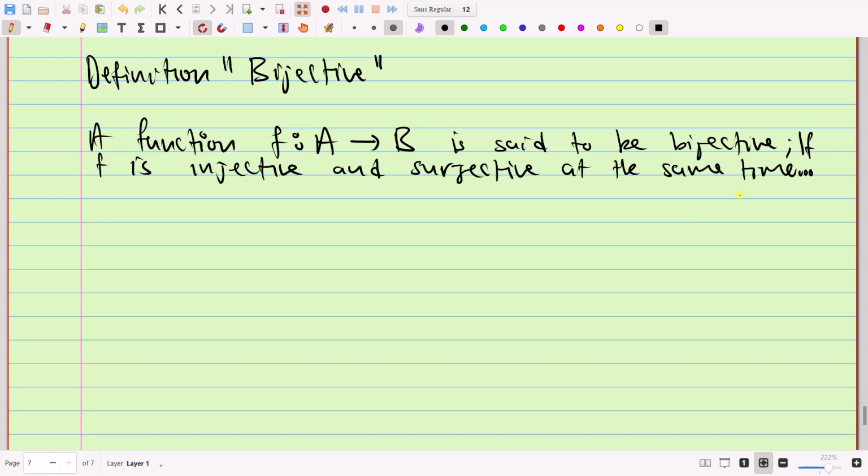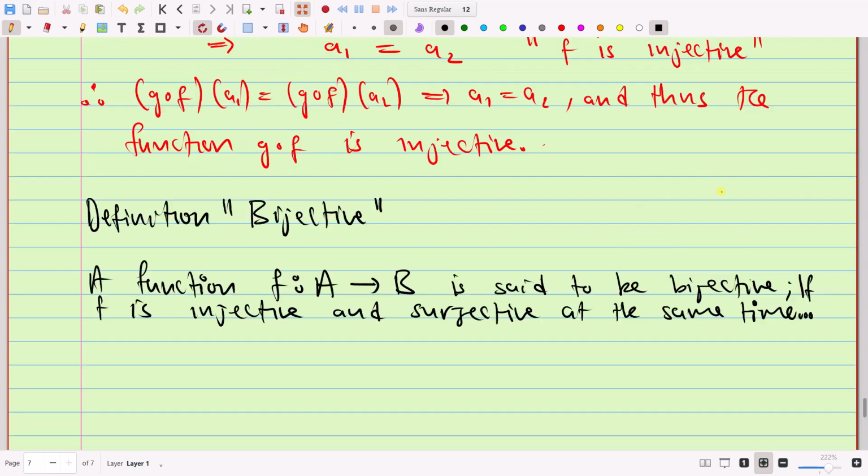So if it's always the case that these two are both injective and surjective at the same time, then this follows. You see. So that's what we have to know when it comes to bijectivity: when we say a function is bijective, it means it is both injective and surjective at the same time.